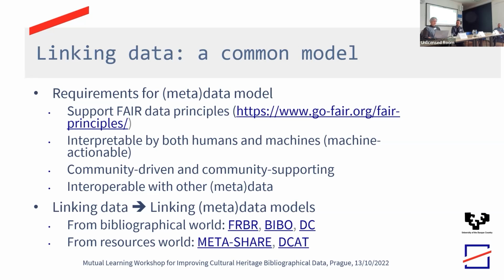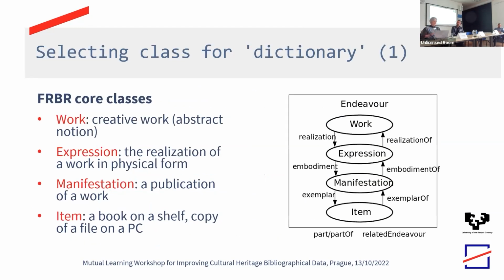And from the bibliographical world, we looked at, obviously, the FRBR model, BIBO and DC ontologies that are used for describing dictionaries. And from the resources world, we looked at META-SHARE, which is used already in these catalogs that I mentioned, and DCAT, which is the model mostly used, the most popular one for data sets, obviously with schema.org, but there's also an alignment between DCAT and schema.org right now.